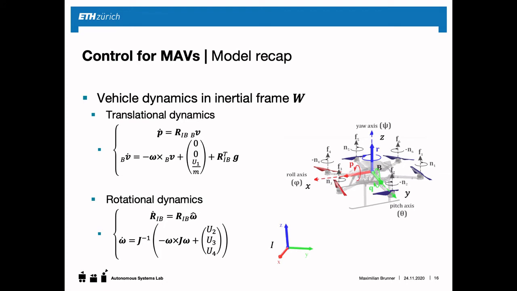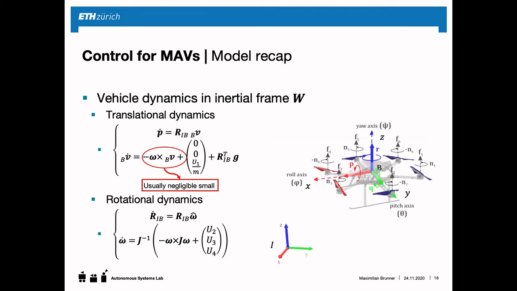First of all, we're going to look at the dynamics of a multirotor and how we can model them from physical principles. Here on the top, we can see the translational dynamics for position and velocity. And on the bottom, we have the rotational dynamics. So the time derivative of the attitude, which is represented by the rotation matrix from the body to the inertial frame, and the time derivative of the angular velocity, which is on the very bottom.